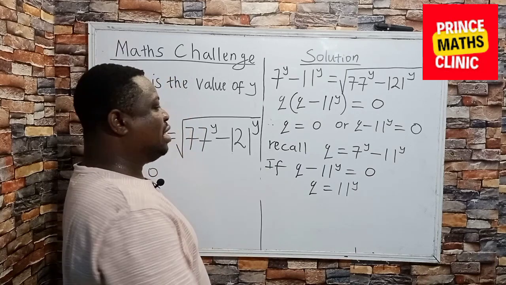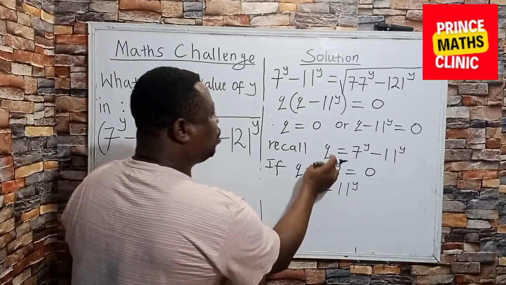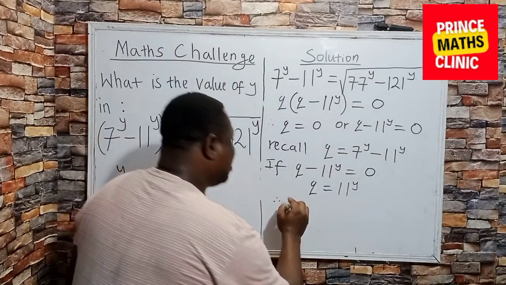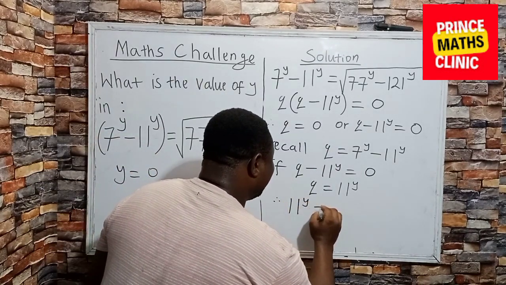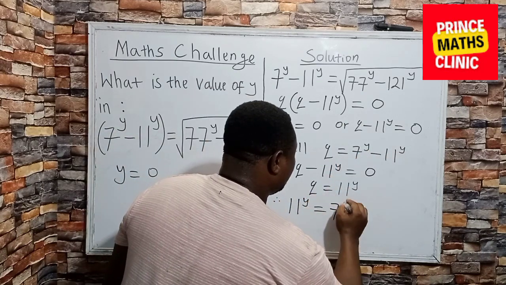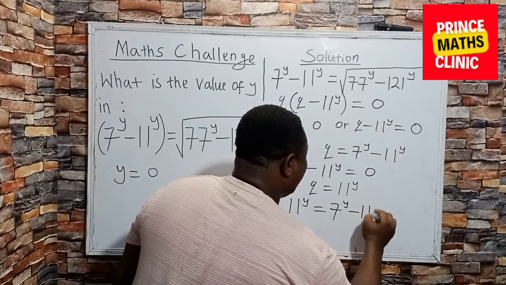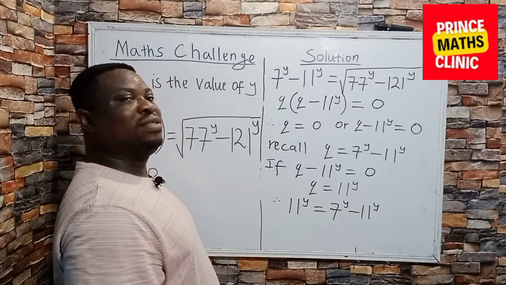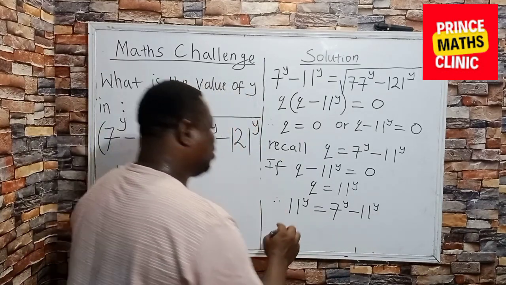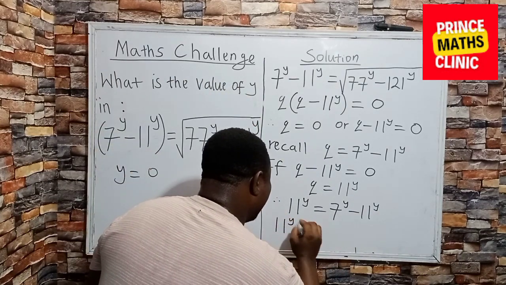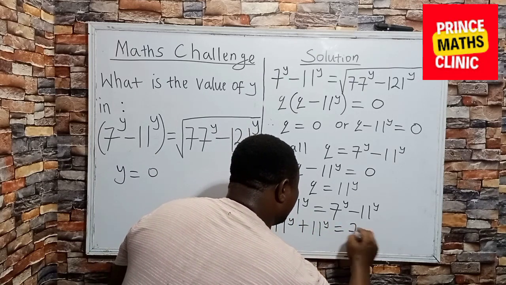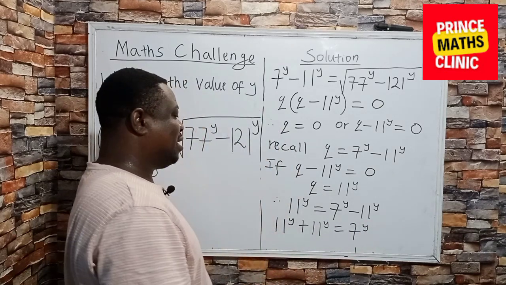Then we can put 11 to the power of y to replace q here. Therefore, 11 to the power of y will now be equal to everything I have here: 7 to the power of y minus 11 to the power of y. So if I move 11 to the power of y here, it's going to be 11 to the power of y plus 11 to the power of y, all equal to 7 to the power of y.